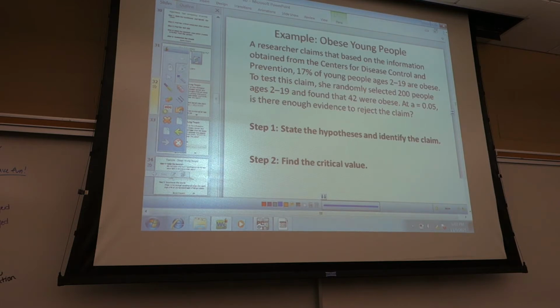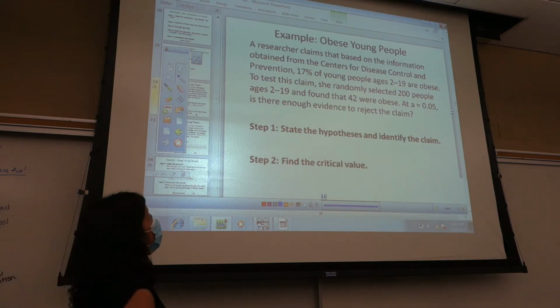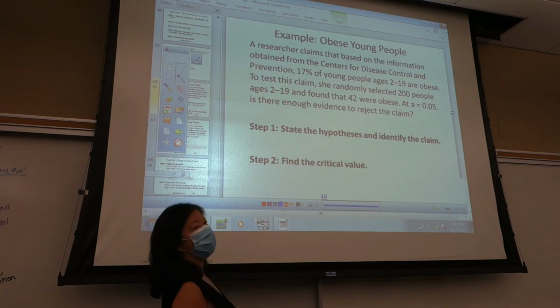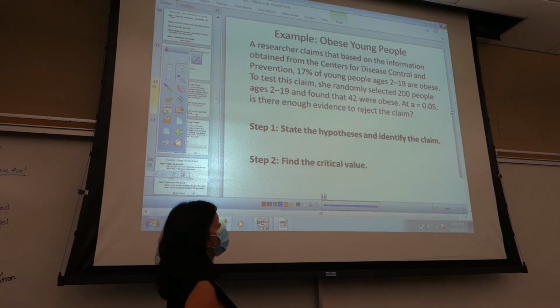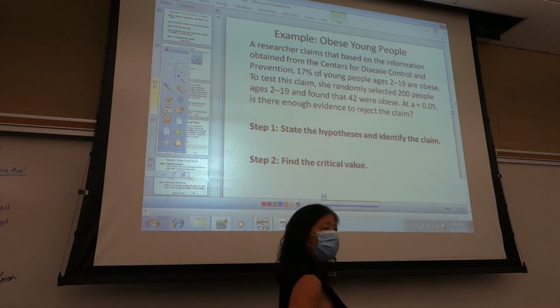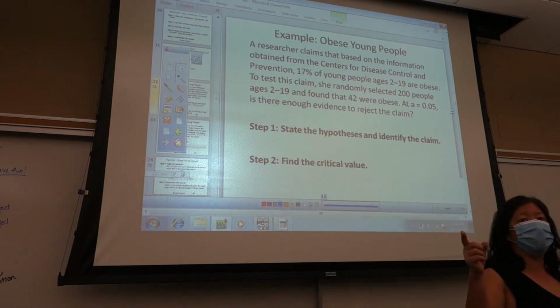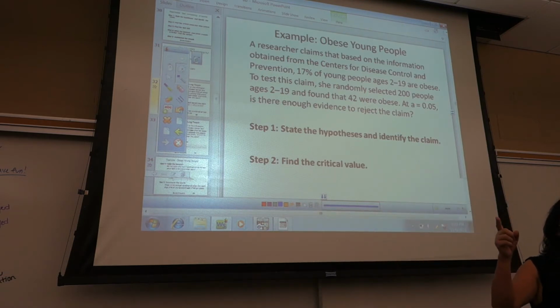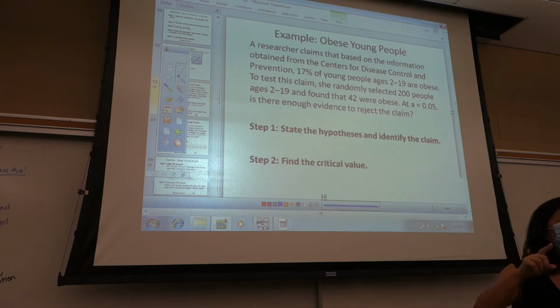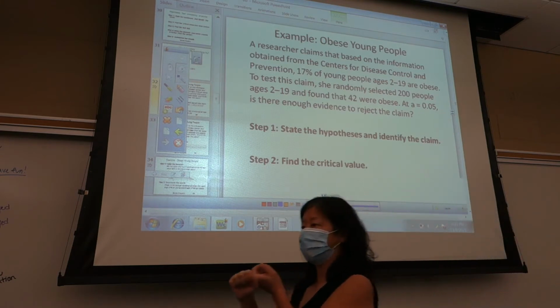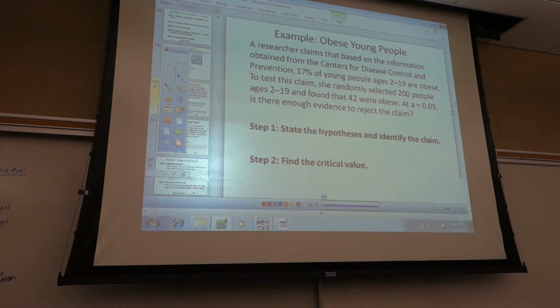Okay, so first of all, how do I know this is a hypothesis test and not a confidence interval? Nathan, how do I know this is not a confidence interval? A confidence interval will always literally say, find the confidence interval, or it will say estimate.